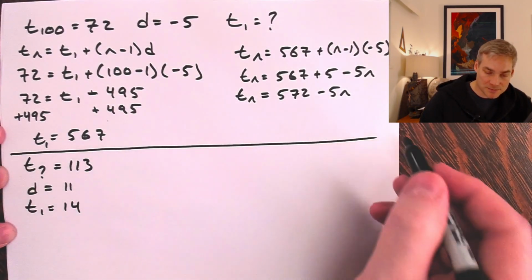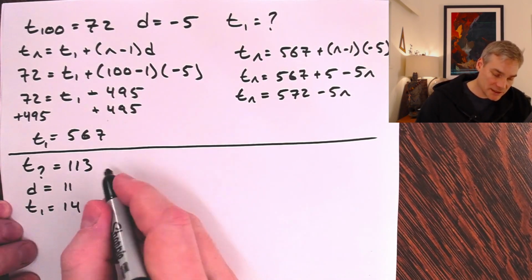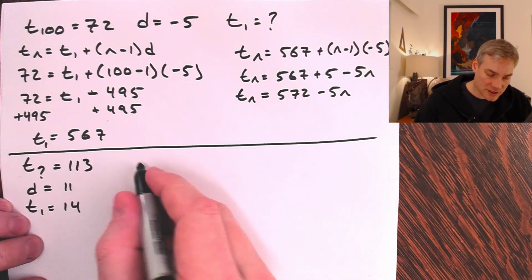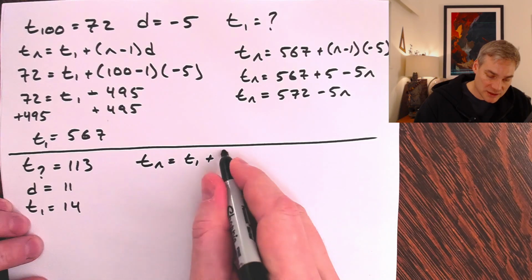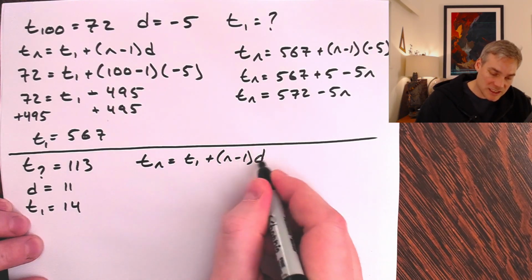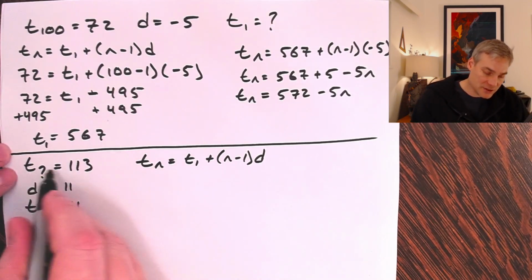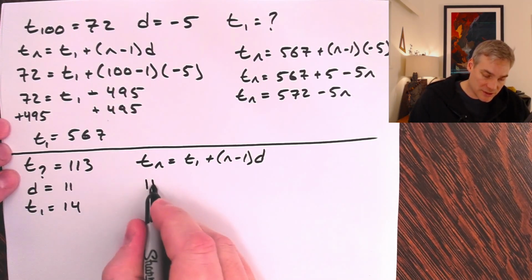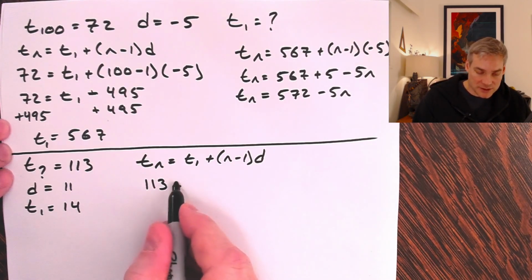This is a new problem. So I just don't know what n is, but I can go through and solve this. I still use the Tn equals T1 plus n minus 1 times d. I don't know what n is, so it's an unknown, but I know t of some number is 113. So I'm just going to say whatever n is, it's going to be 113.